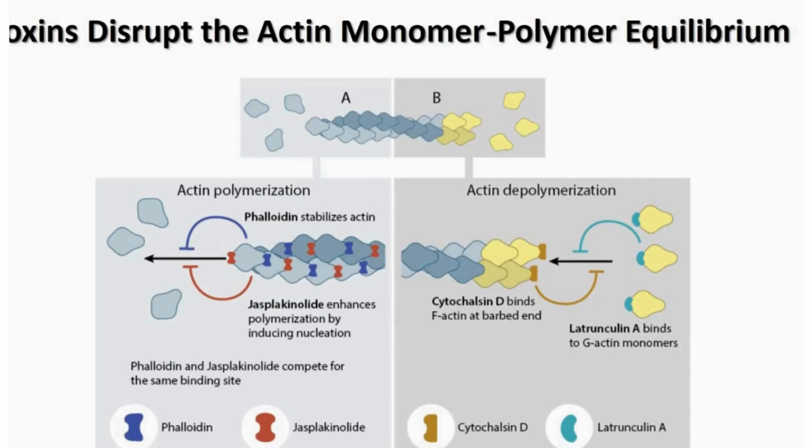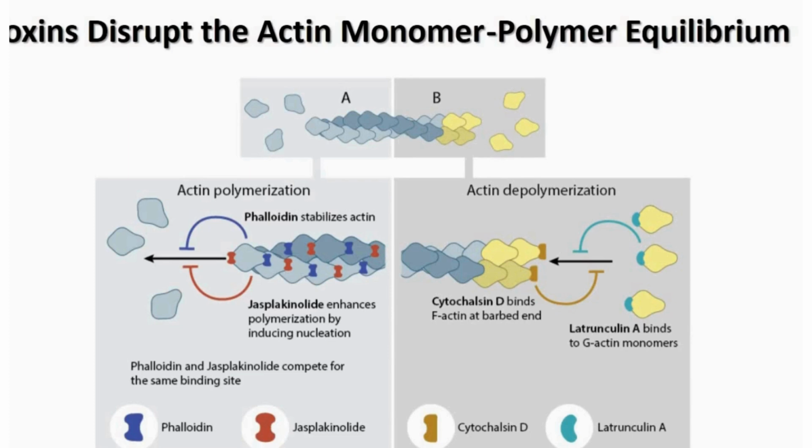Under actin polymerization, we have jasplakinolide, which enhances polymerization by inducing nucleation, as well as phalloidin, which stabilizes; they compete for the same binding site.